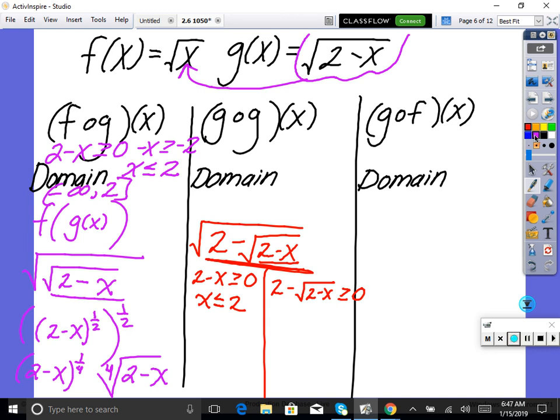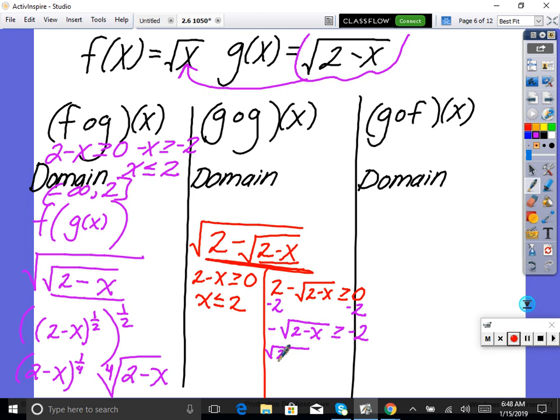Interestingly enough, I haven't ever seen one like this. I'm just going with what I know with math. I'm just setting up a new true statement. I haven't ever seen one of this caliber, but math doesn't change, so this is a true statement we need. So let's subtract 2. We have negative the square root of 2 minus x is greater than or equal to negative 2. What's my next step? Divide both sides by a negative, then I have to change my inequality.